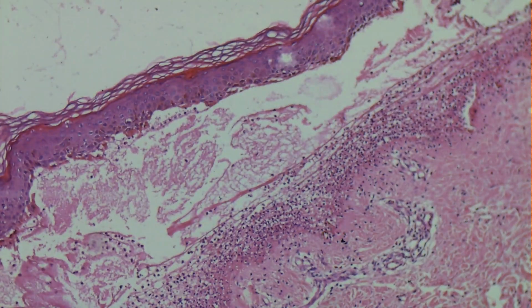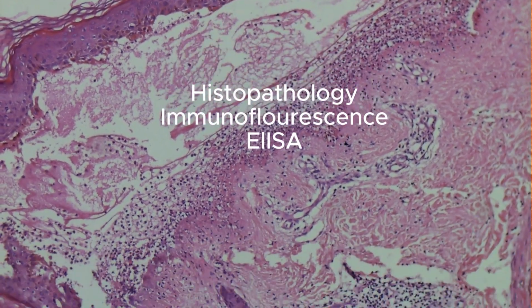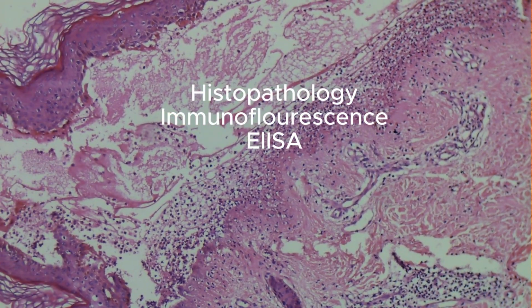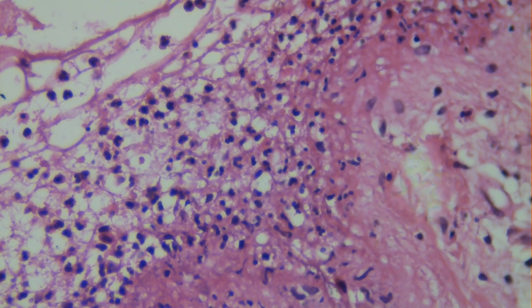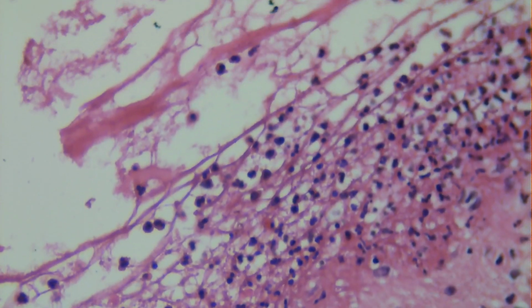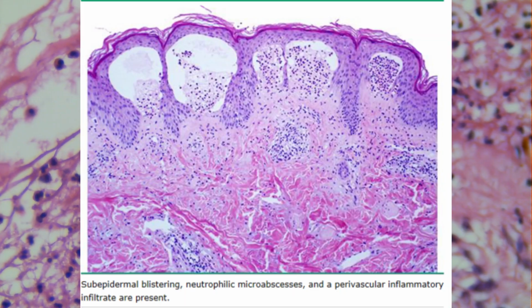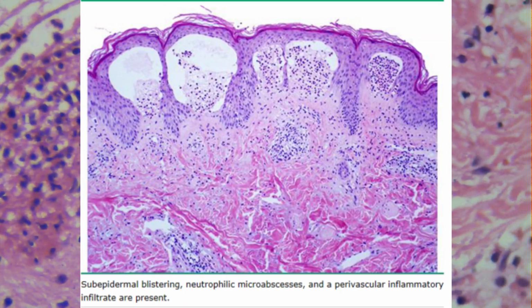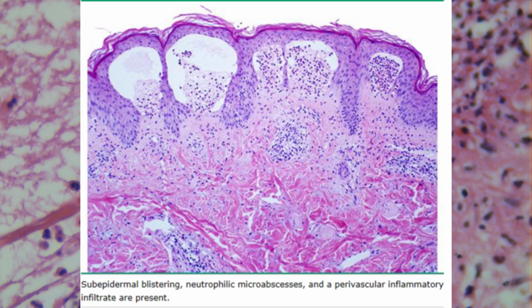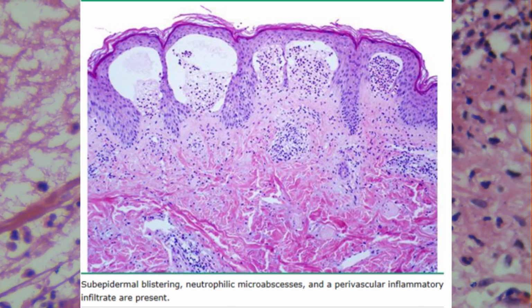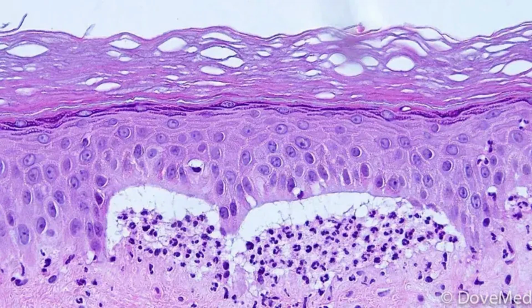This condition is diagnosed based on histopathology, immunofluorescence, and ELISA. So for histopathology, the characteristic picture is of a subepidermal blister or vesicle showing papillary neutrophilic microabscesses, and these microabscesses can also have some eosinophils.